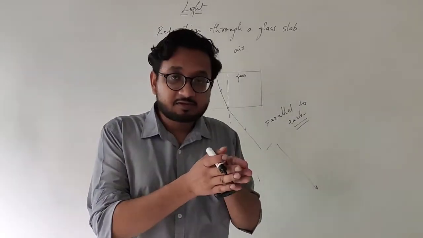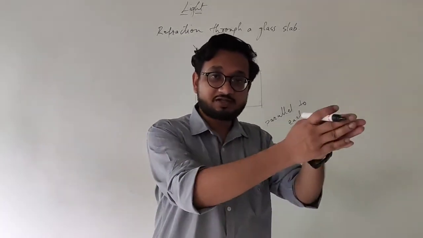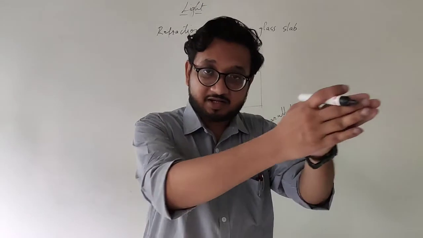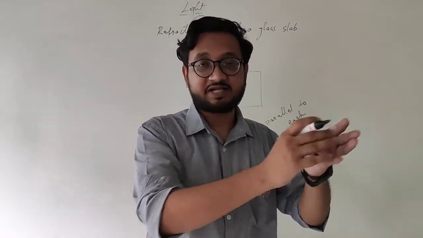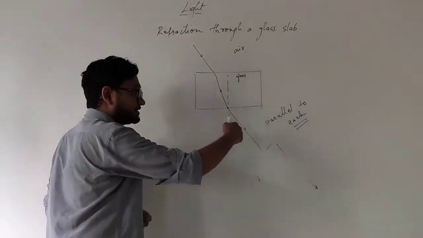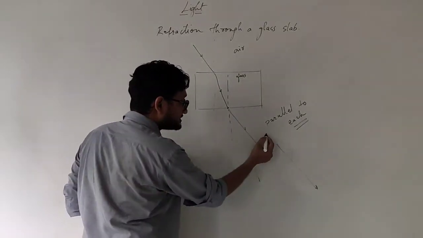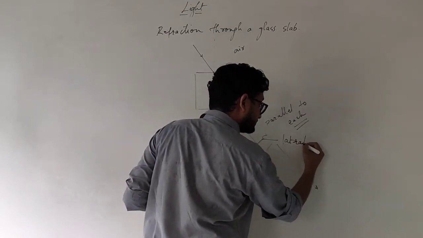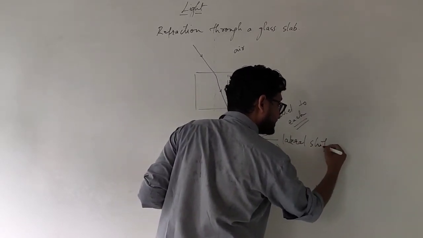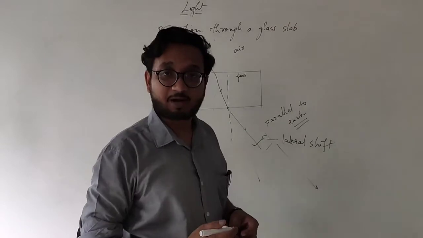It has just shifted from its original path, parallel to it and going in the same direction, just not on the exact same track. That is why they both are parallel, and this distance is called lateral shift: how much it is shifted from its original path.